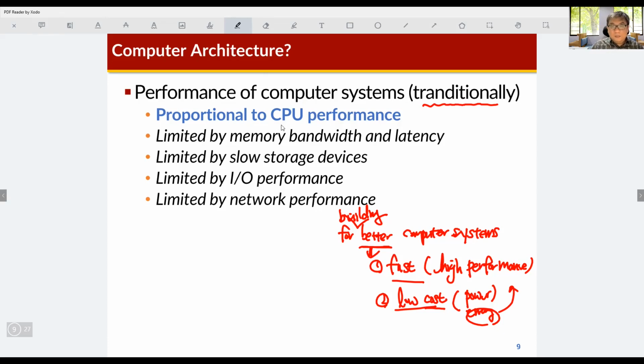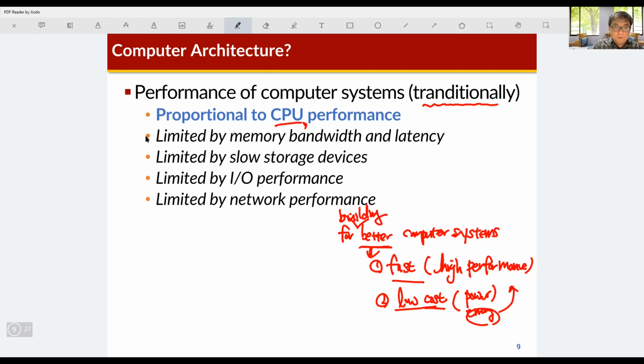And then this performance of a CPU is limited by memory bandwidth or latency. And this is called the memory wall because the speed of the memory system is slower than the speed of a CPU. Also, the performance of the entire computer system is limited by slow storage devices, and then limited by slow input and output device performance or network performance.